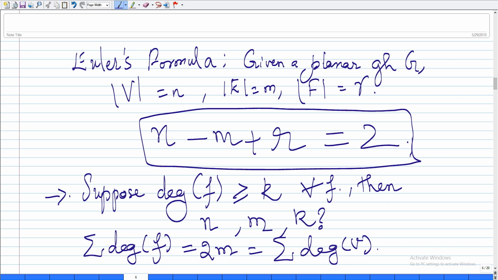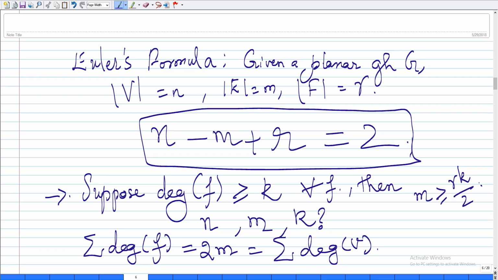So if you connect all these relations, what do we expect? I have one answer, m greater than or equal to rk by 2. You can immediately pull that out from here.